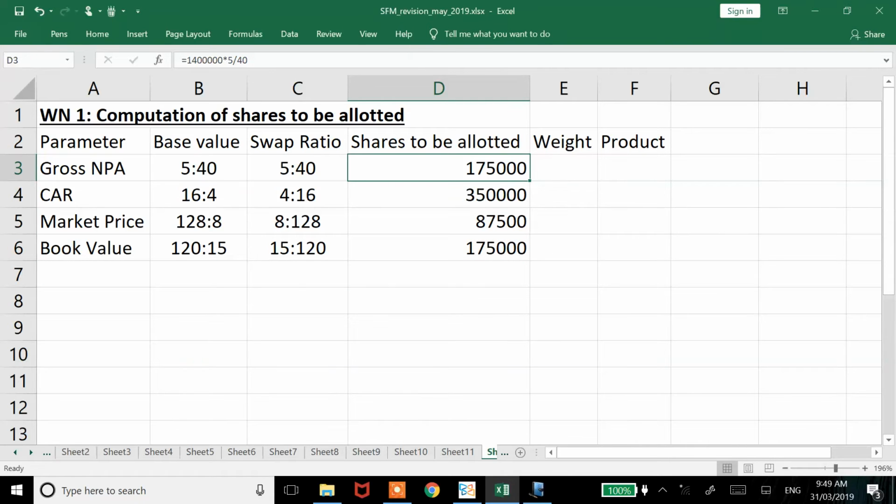So the ratio is available. You need to multiply with the swap ratio: 14 lakhs into 5 by 40, 4 by 16, 8 by 128 and 15 by 120. You end up multiplying it with the swap ratio.